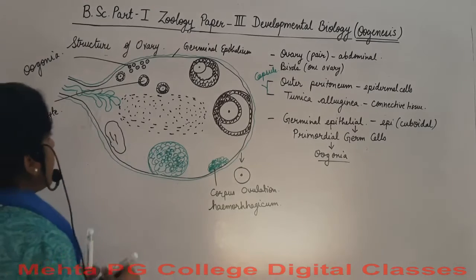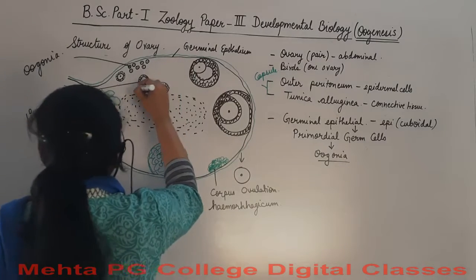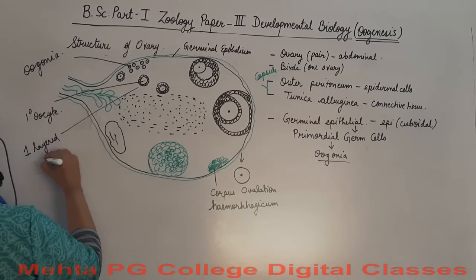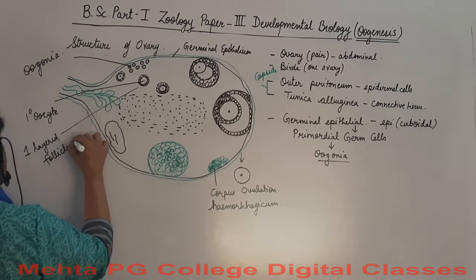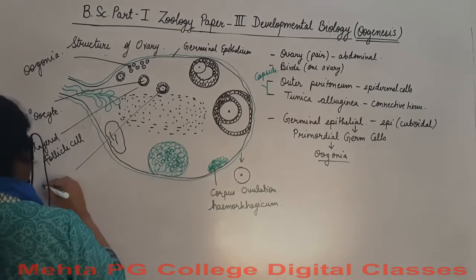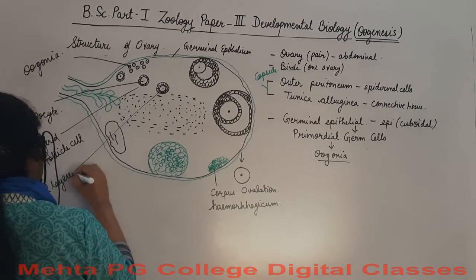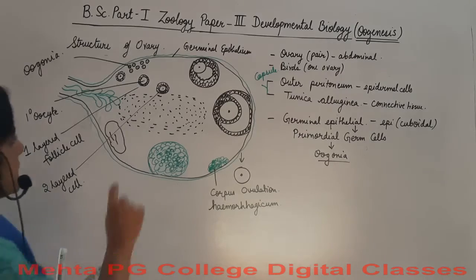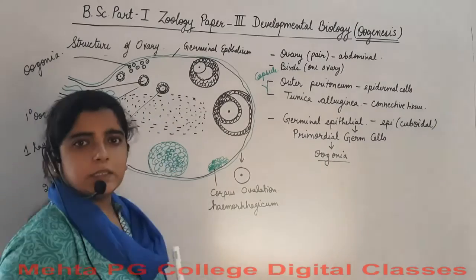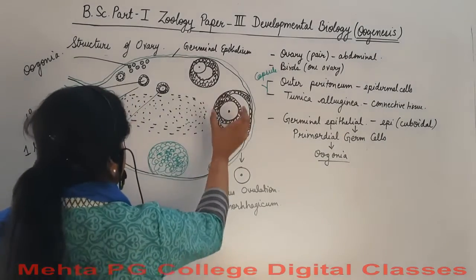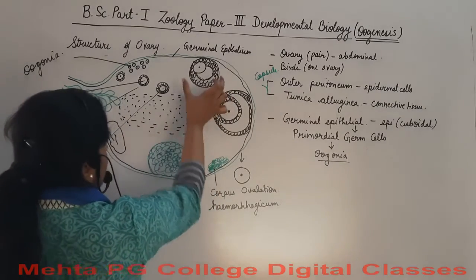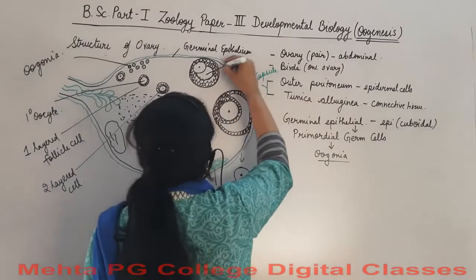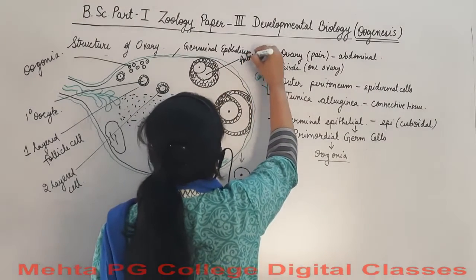This is a one layered follicle cell. This is a two layered follicle cell, that means it contains two layers of follicle. Then this will mature into a structure, and here we see that the antrum is forming.